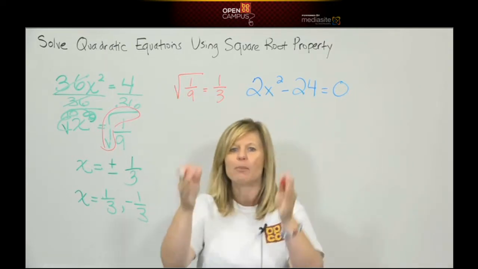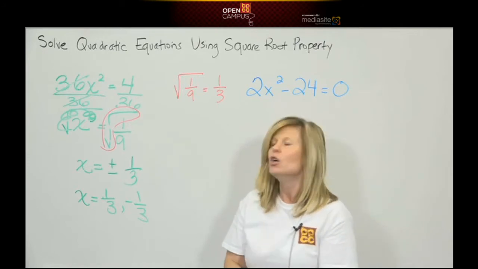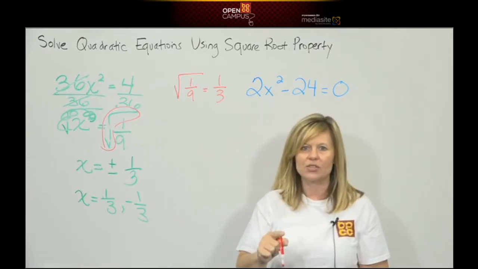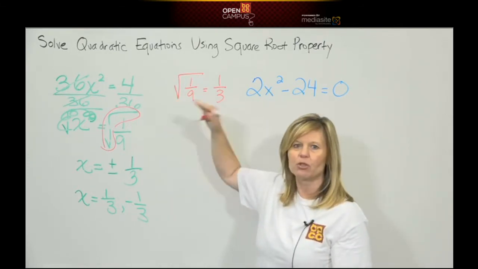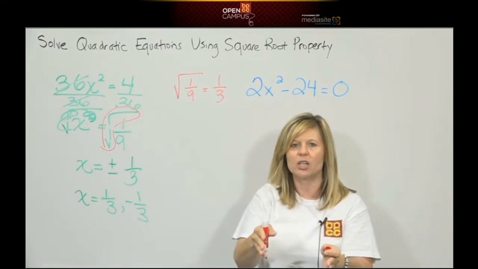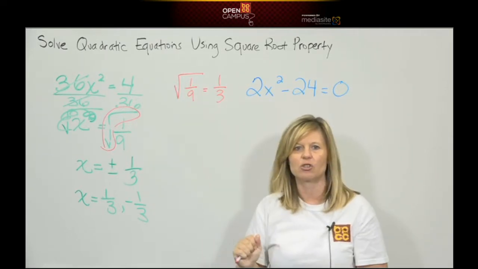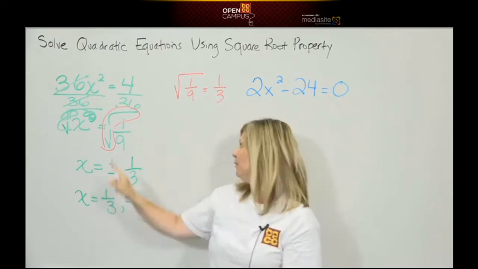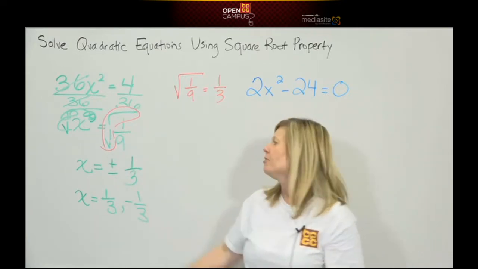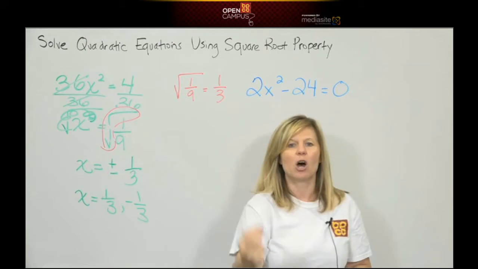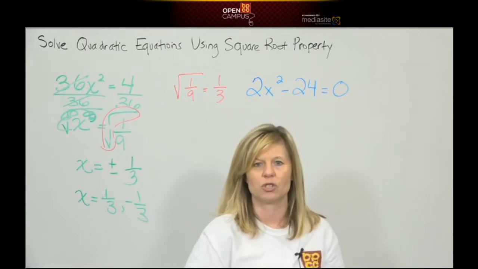Negative 1/3 times negative 1/3 would be a 9th. So the moral of the story is, if the square root symbol's already there in the expression, yes, you only give a positive answer. But if you physically draw that square root symbol in, then you must put the plus or minus to understand there are always two solutions.